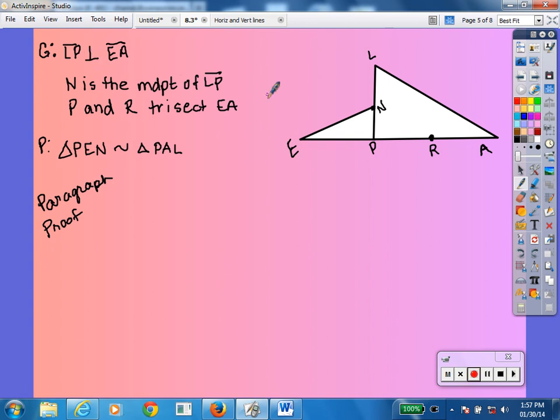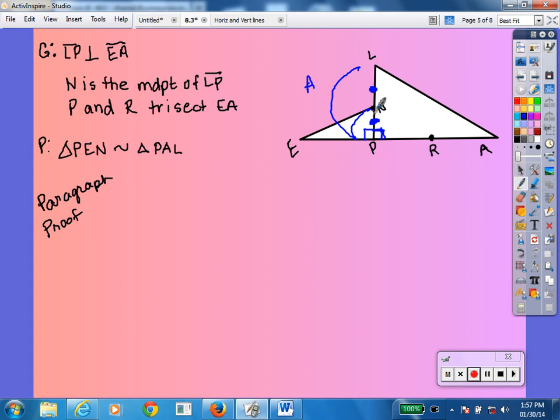All right, here's our given information. LP is perpendicular to EA. Well, that you know is going to give us some right angles. So that gives us angles. That's helpful information. Then we have this. N is the midpoint of LP. Now, this is something that is really important to note. That makes those two congruent, and that will make NP half the distance of LP because a midpoint cuts a segment in half.